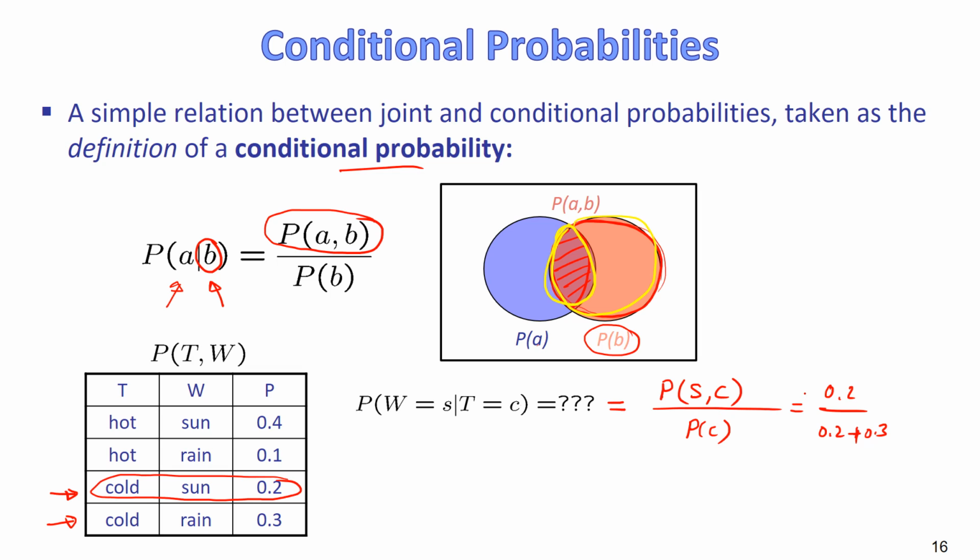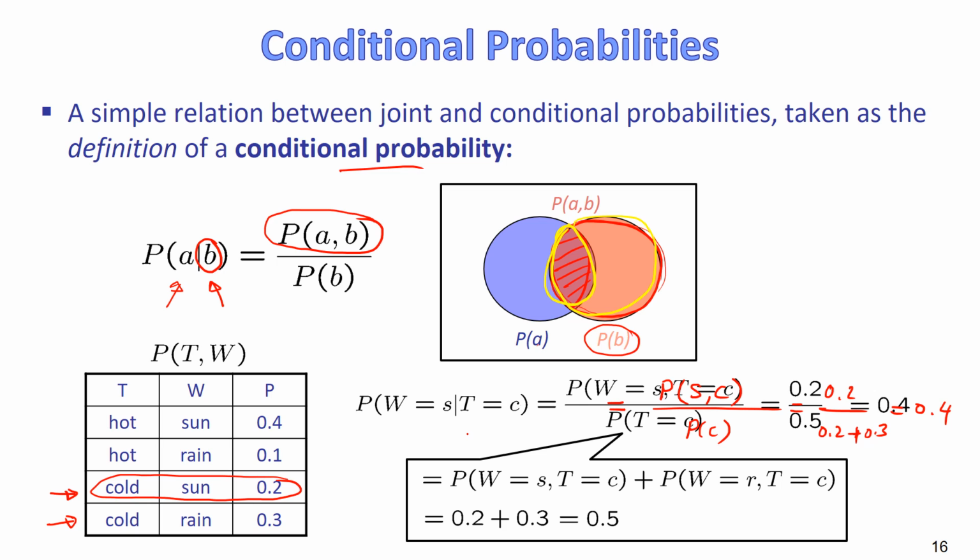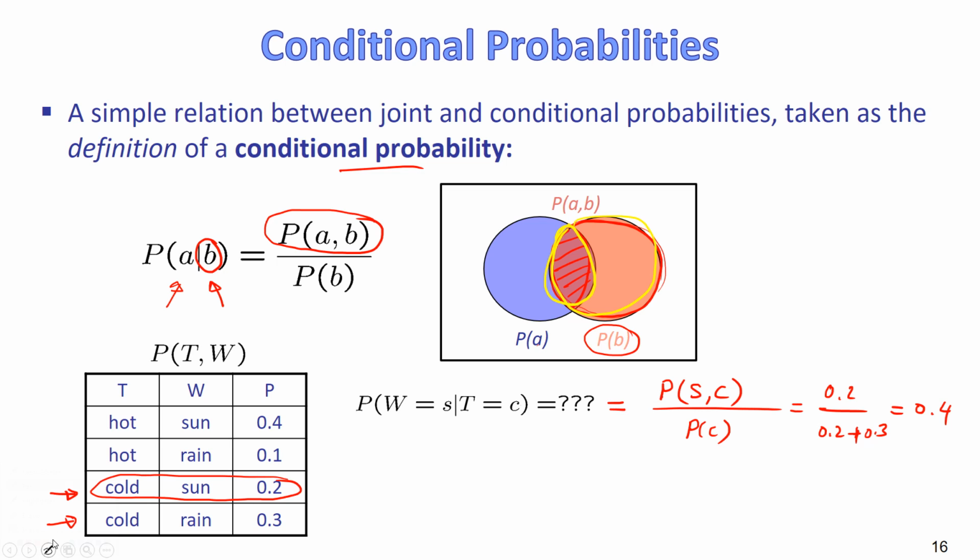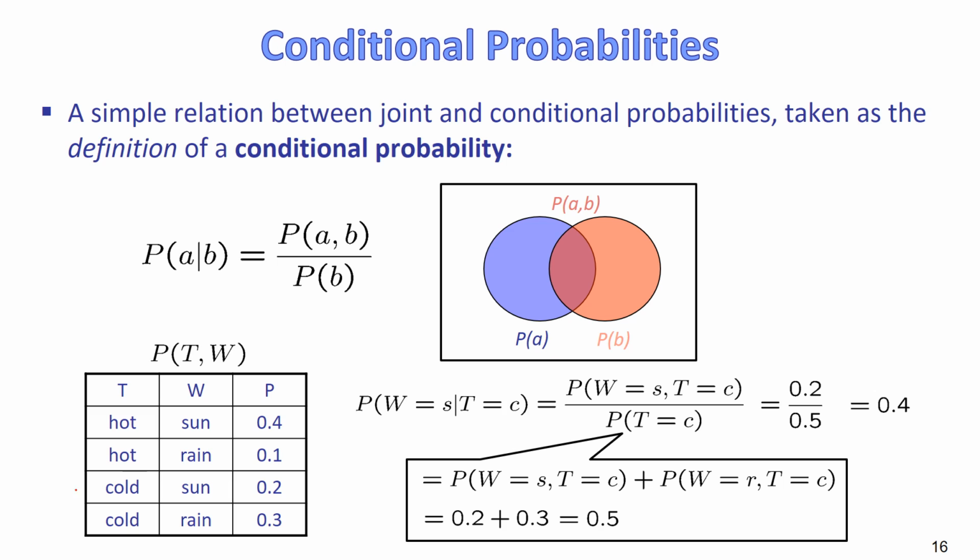Okay, so 0.2 over 0.5, which is 0.4. So that's the conditional probability of sun given that the temperature is cold. So this is how it's calculated, and that's the denominator.